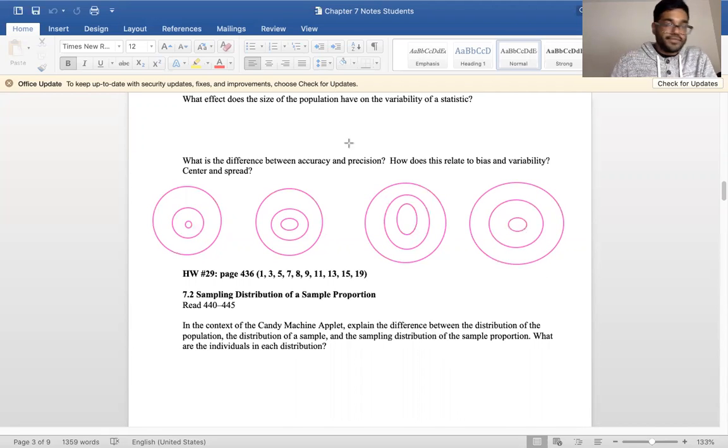All right, so the first one, if I draw some dots in here, something like this. Again, the bullseye in the center is where you want to be. So here we have high bias because we're not measuring what we need to. We're not close to the bullseye, but our points are bunched together pretty closely. So this is high bias, low variability.